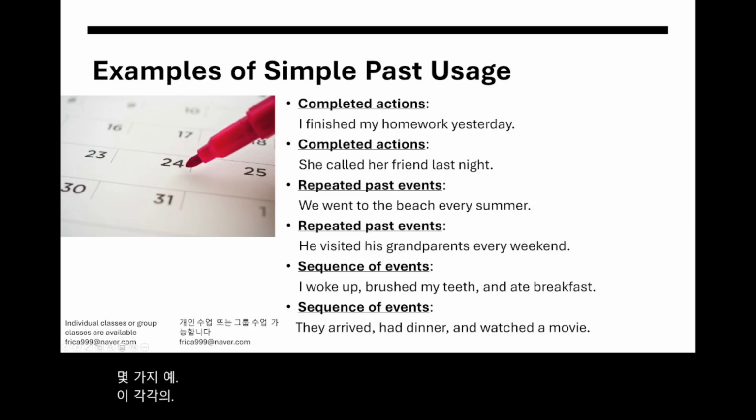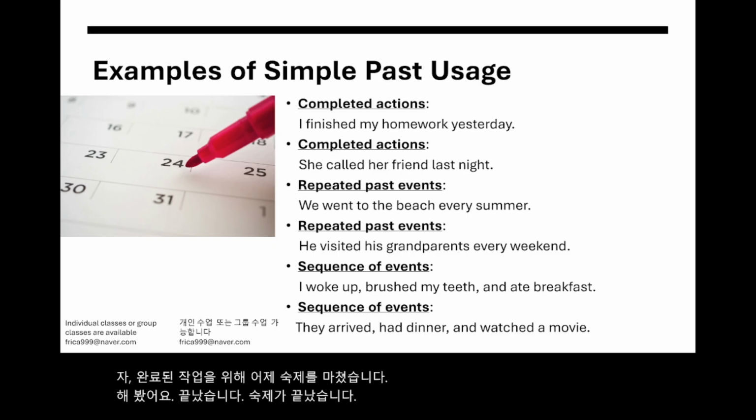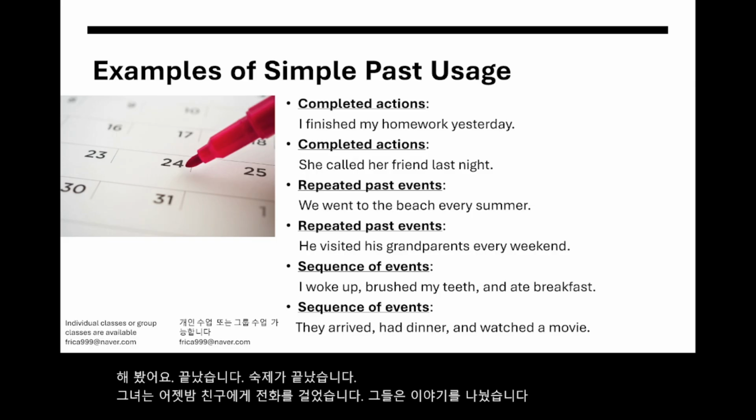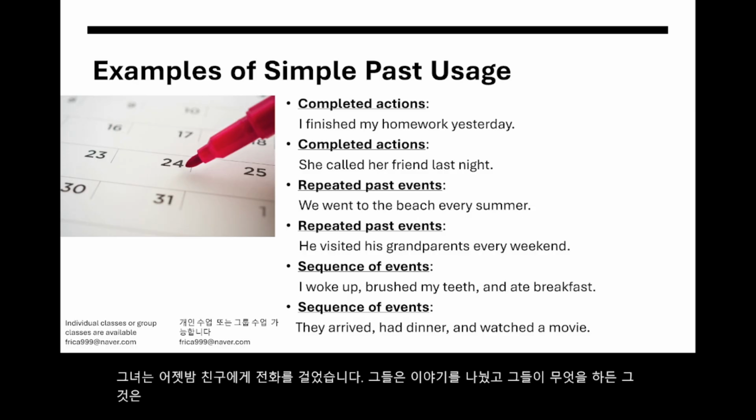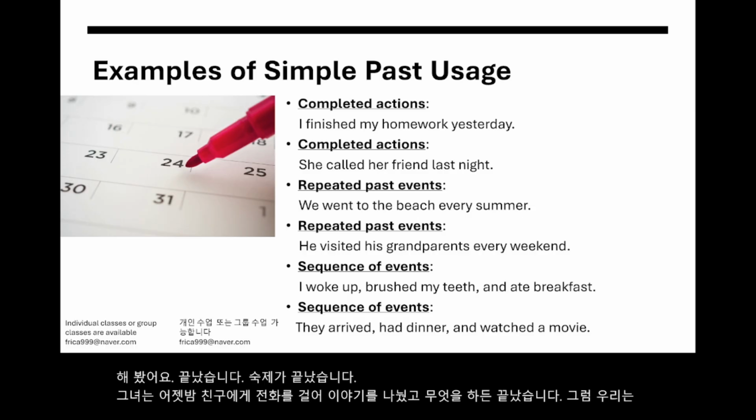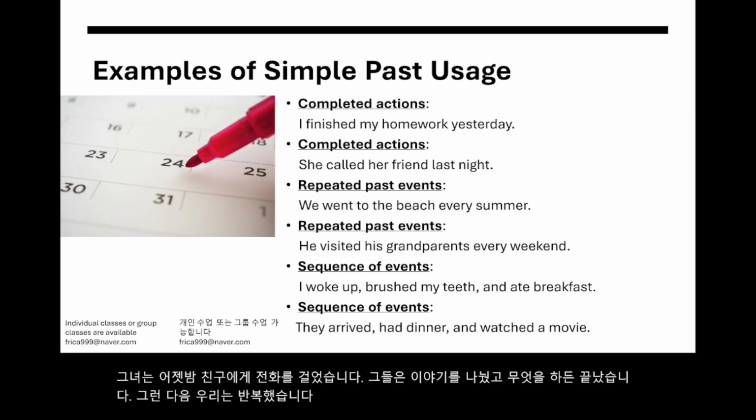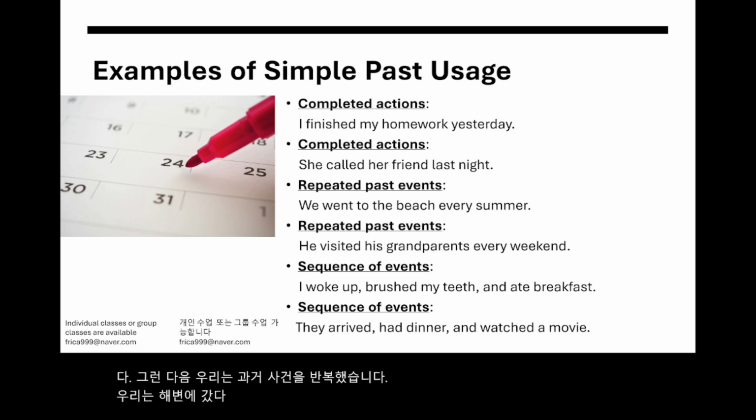For completed actions: I finished my homework yesterday. It's done. You're finished. The homework is done. She called her friend last night. They talked and whatever they did, it's done. Then we have repeated past events. We went to the beach every summer.